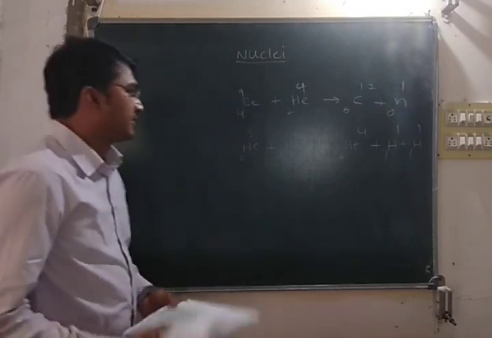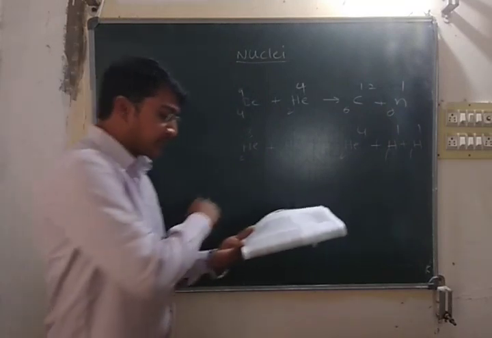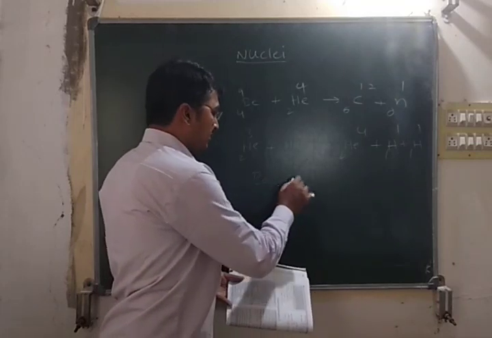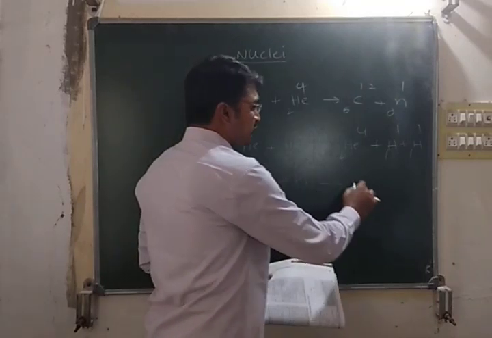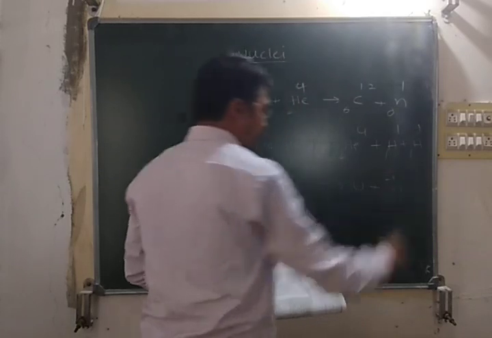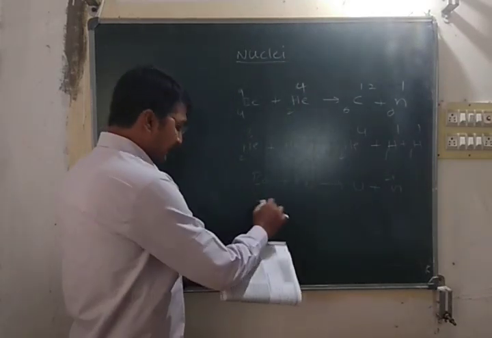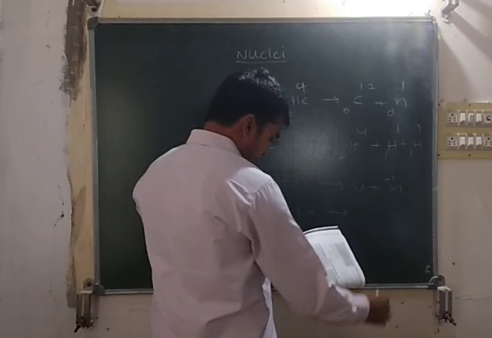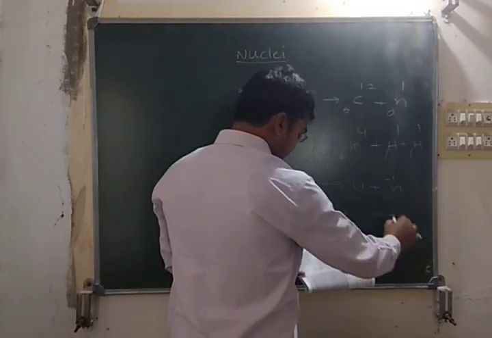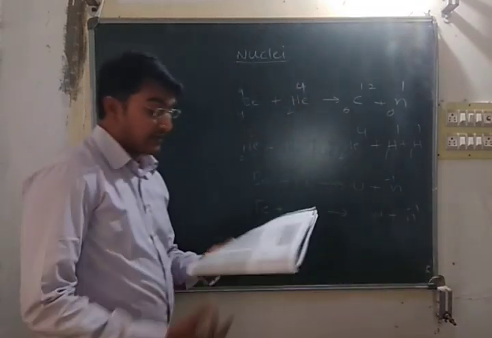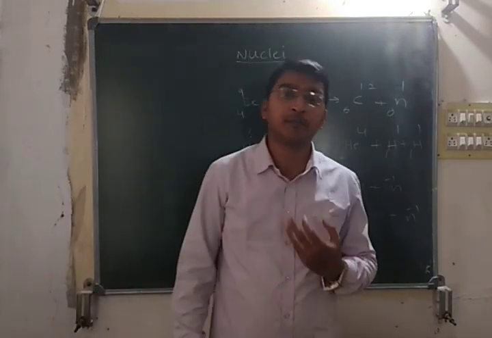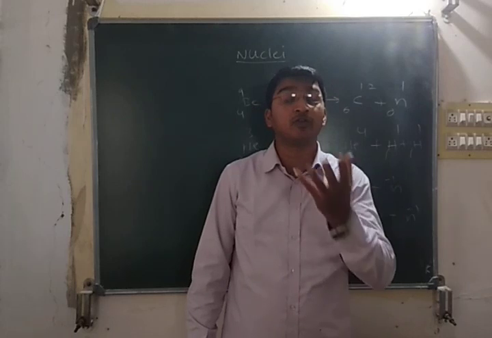Now they have given barium, krypton, uranium and neutron. Barium and krypton combine to form uranium and neutron. Next, ferrous, calcium combine. But they are asking for the source of the sun. Generally, what happens in the sun and stars? Nuclear fusion.